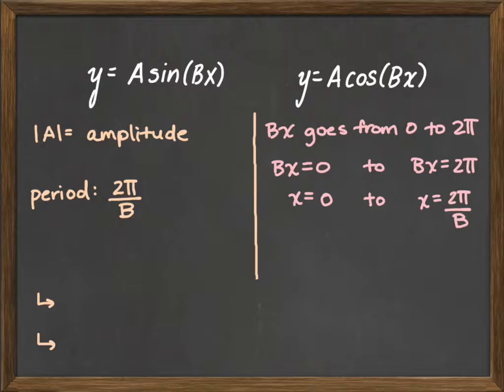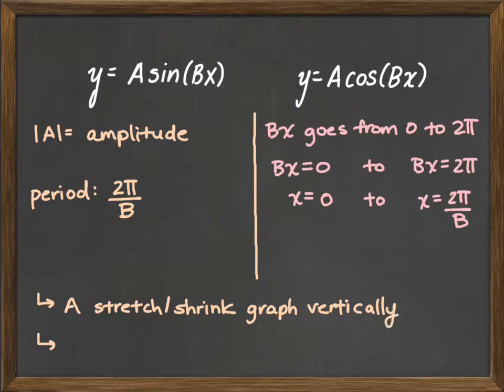So just to reiterate, a, the amplitude, is going to stretch or shrink the graph vertically, while b is going to stretch or shrink the graph horizontally.